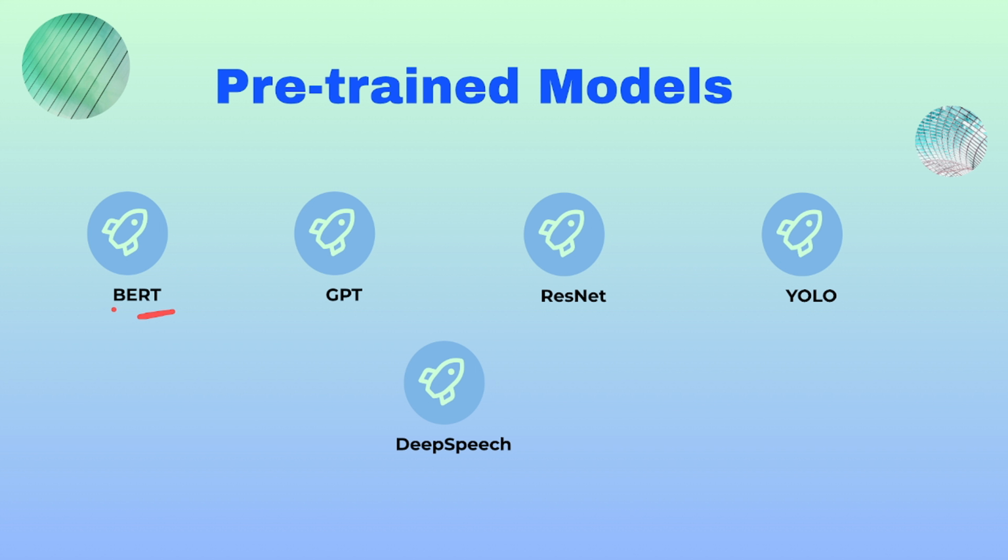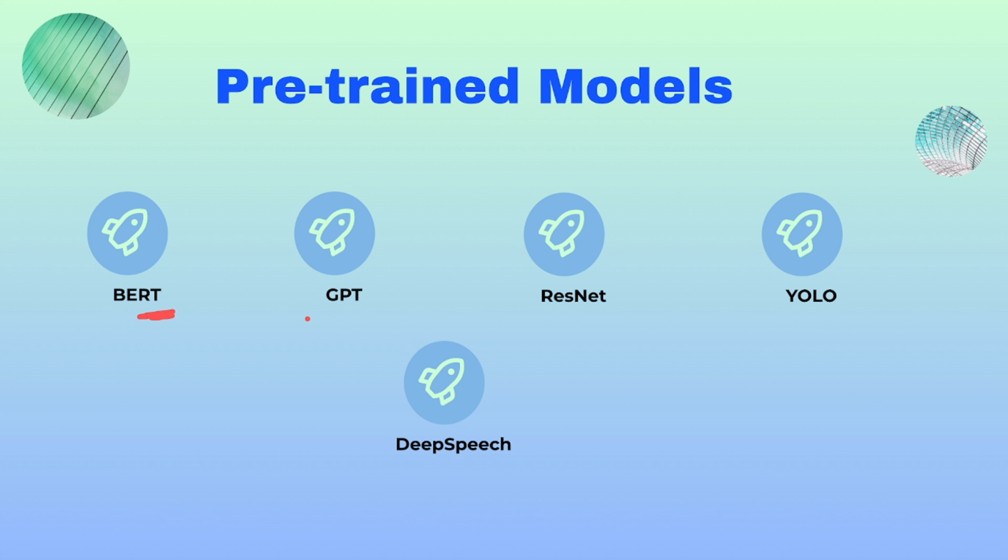BERT is a pre-trained model developed by Google that understands the context in language. It can be fine-tuned for various NLP tasks such as text classification, sentiment analysis, and entity recognition. For example, it can be used to build a sentiment analysis system for analyzing customer reviews. So this is also a pre-trained model.